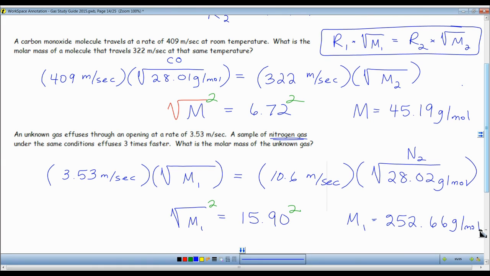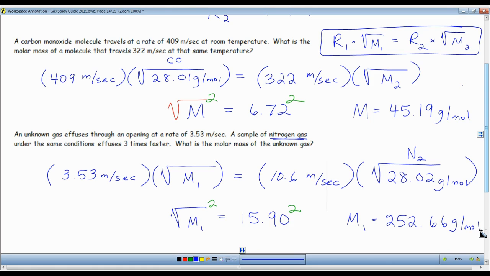Something like that. And again, I'm not super picky on sig figs, as long as it's something reasonable. I mean, my calculator has the entire screen full of decimal spots. I don't want to see that. Something that I could really measure in the lab. Cool. So yeah, if this unknown particle moves substantially slower, it should be substantially more massive.